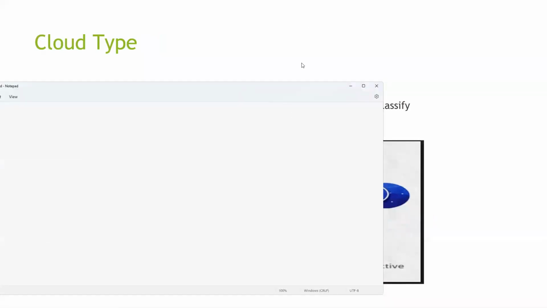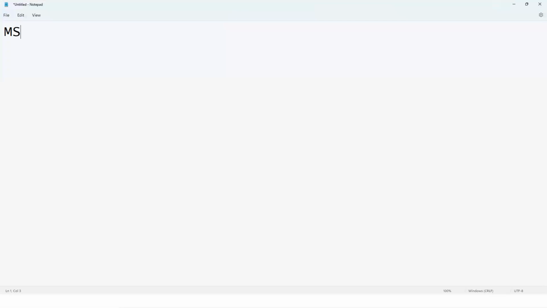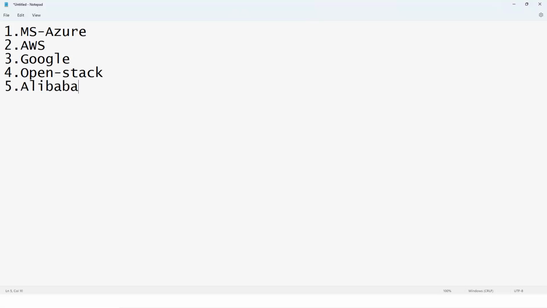What are the vendors? I can say Microsoft Azure, first thing. Next, AWS. Third one, Google. Fourth one, OpenStack. Fifth one, Alibaba.